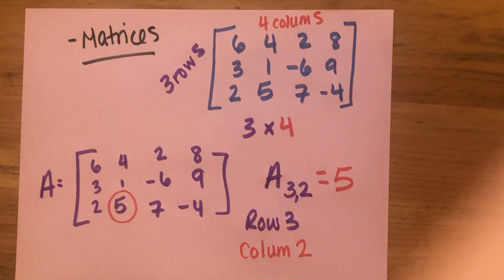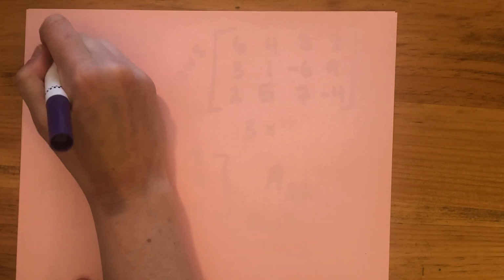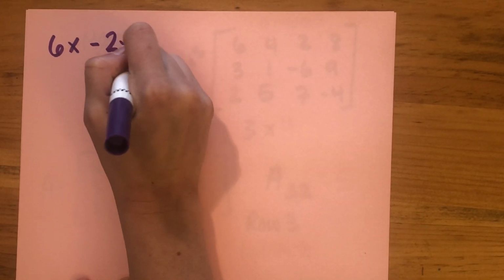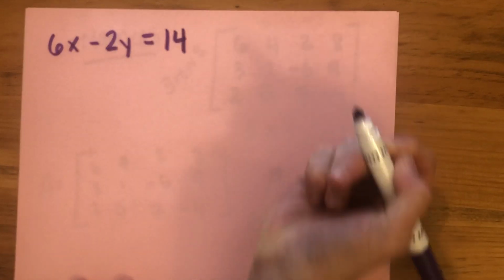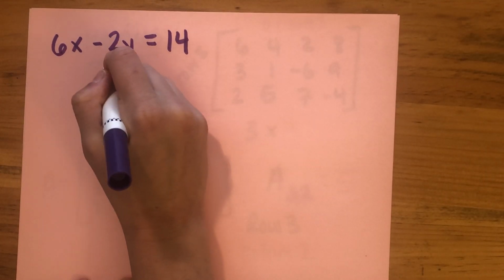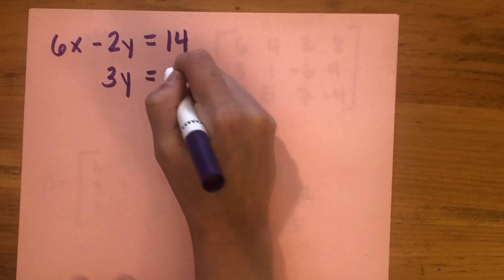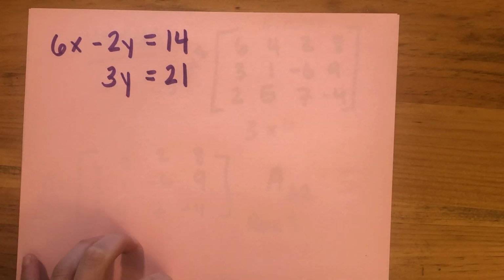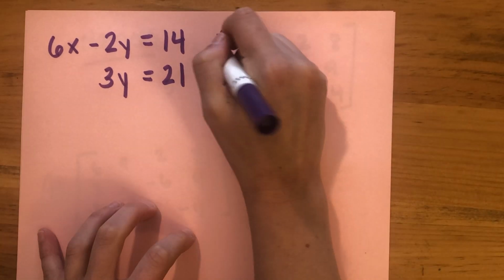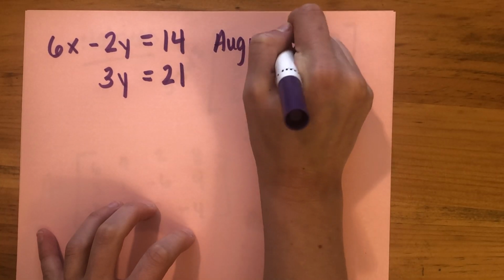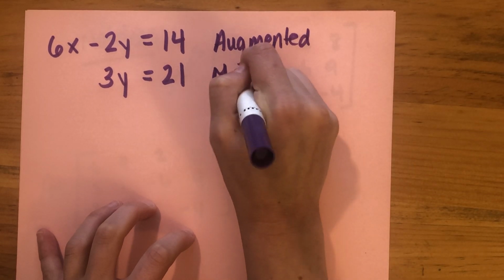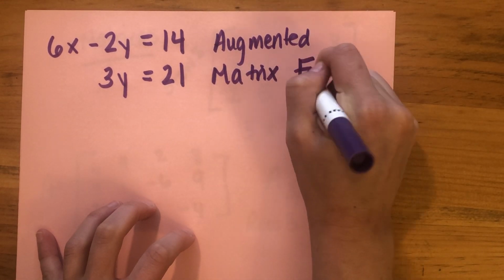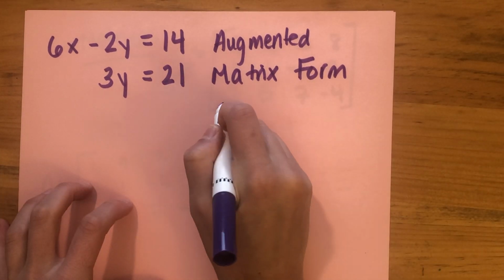And then furthermore, I gave this idea of what if we wanted to take a system of equations and write it as a matrix. So say I have a system that's 6x minus 2y equals 14 and something basic like 3y equals 21. If I wanted to write this in augmented matrix form, I would write it like this.